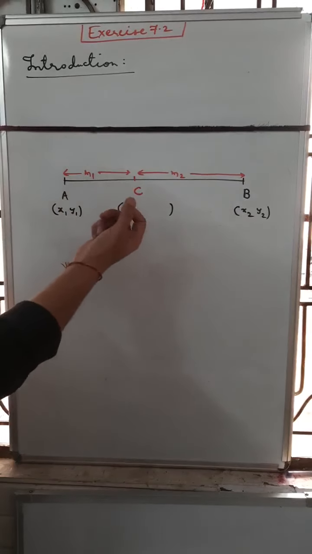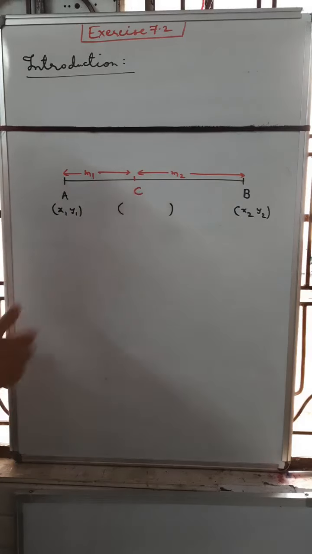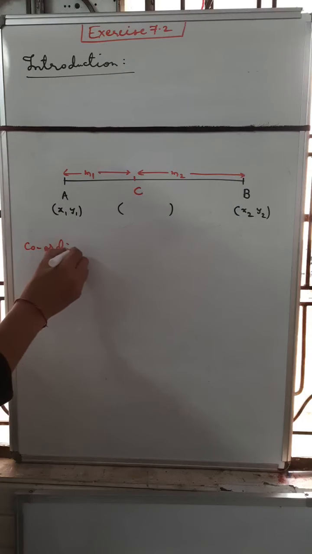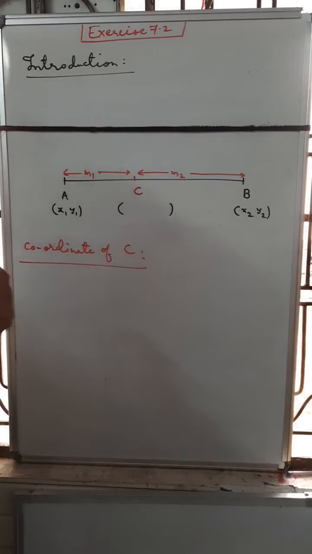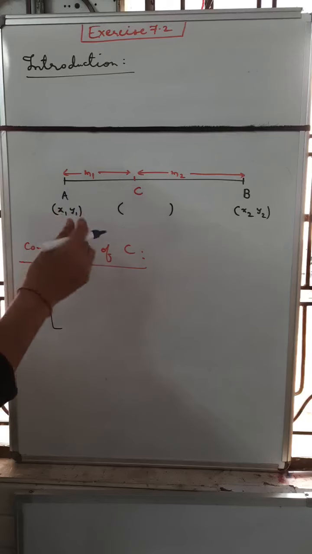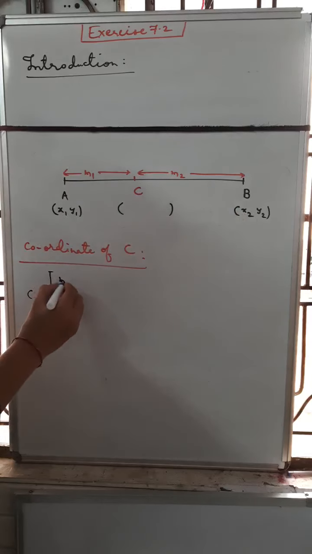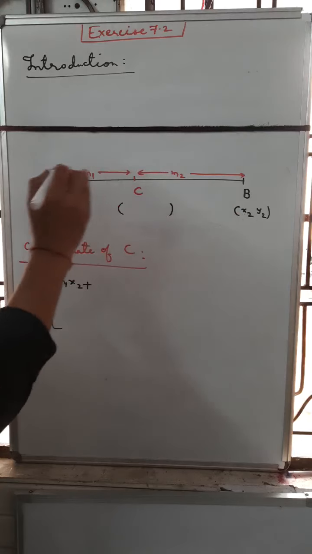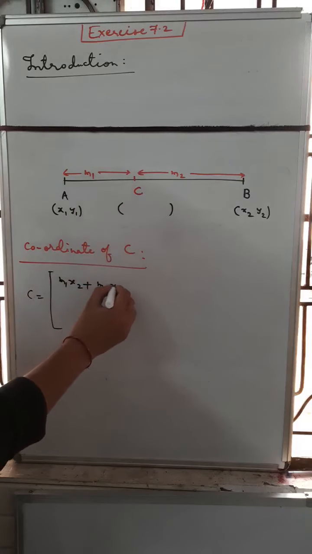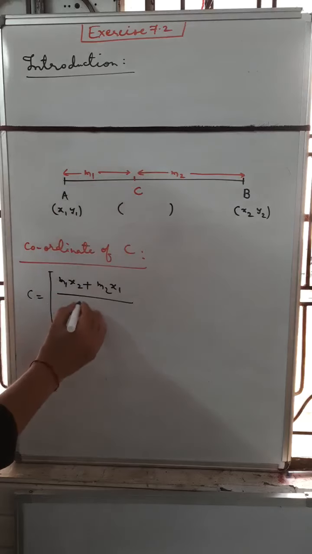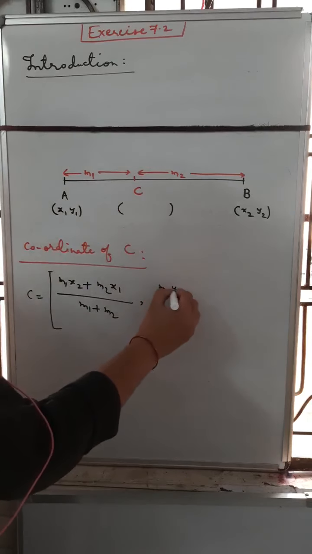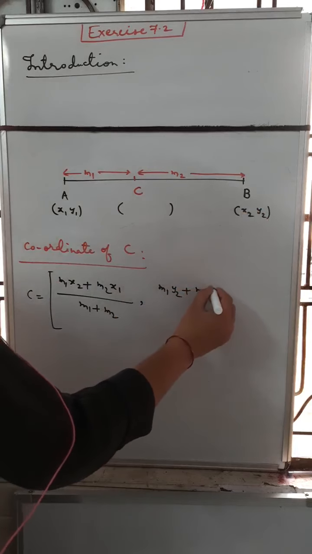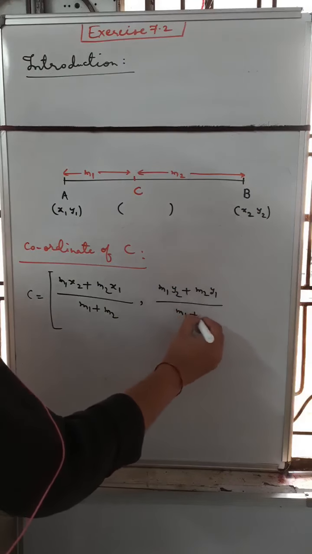For this purpose we have one formula. The coordinate of C is equal to, in a big bracket, m1 x2 plus m2 x1 upon m1 plus m2, comma, m1 y2 plus m2 y1 upon m1 plus m2.